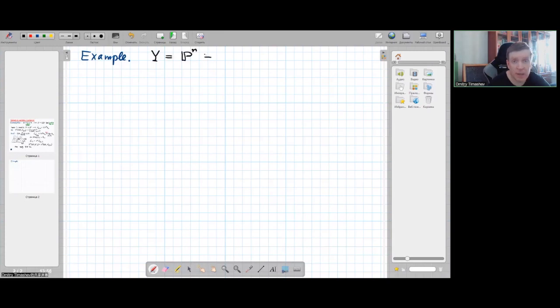It is a partial flag variety for GL_N, or better to say for GL_{N+1}. It is a homogeneous space, the quotient space of GL_{N+1} modulo a parabolic subgroup pi, which is, what is pi? So pi consists of the matrices of the following form.